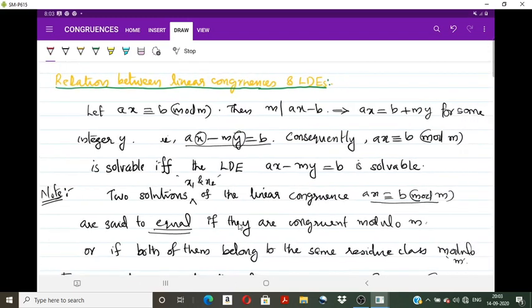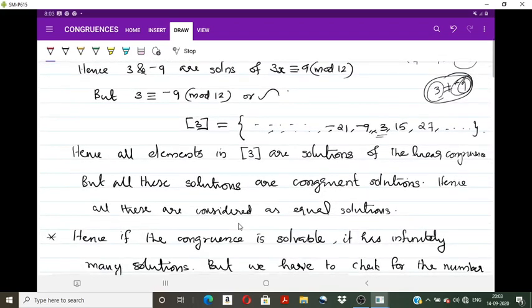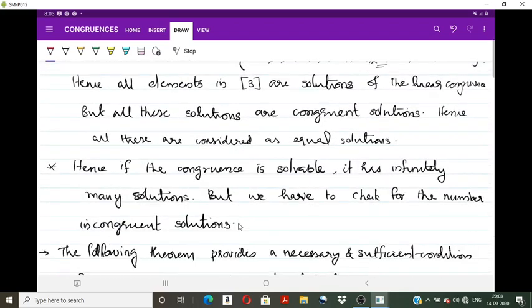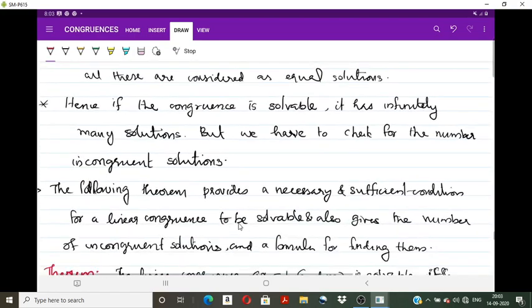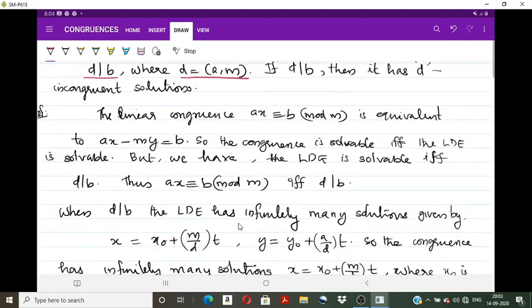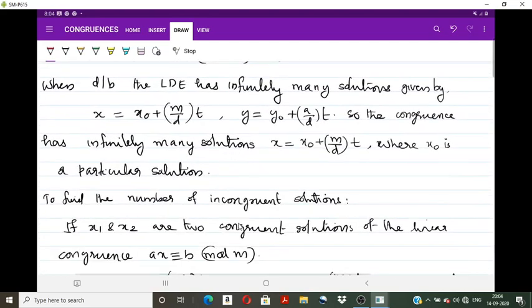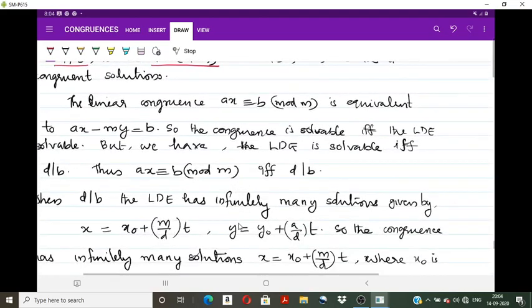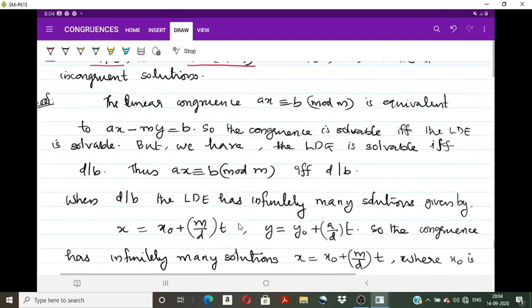Therefore the linear congruence is solvable if and only if the Diophantine equation ax minus my equal to b is solvable, and that is solvable if and only if d divides b. Thus ax congruent to b modulo m is solvable if and only if d divides b. So the first part is over.